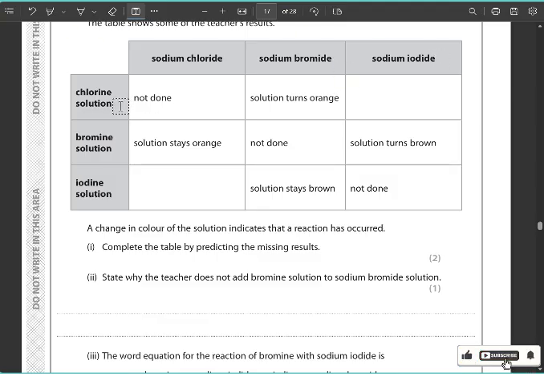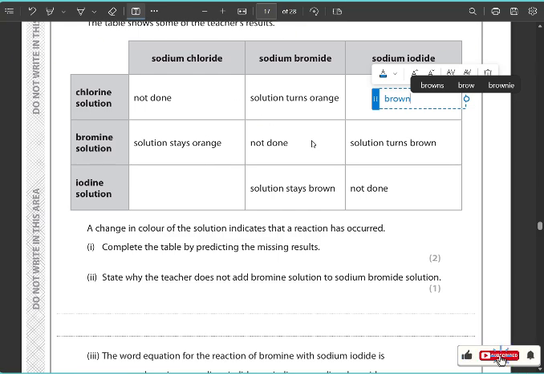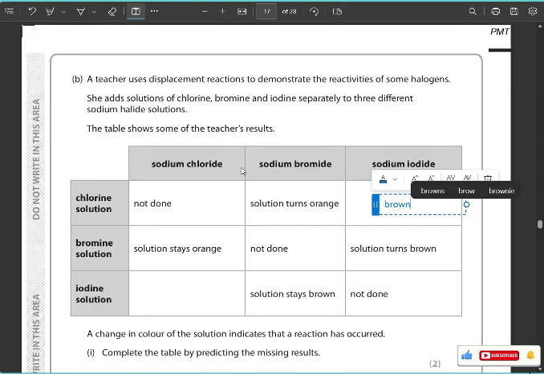Sodium iodide with chlorine solution. Okay, the solution turns brown because chlorine reacts with sodium iodide, and iodine element will be produced, and the color of iodine is brown.